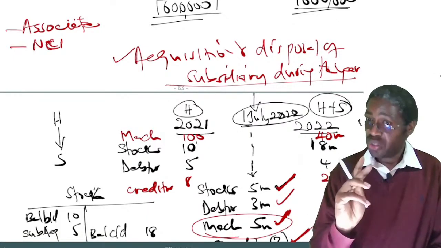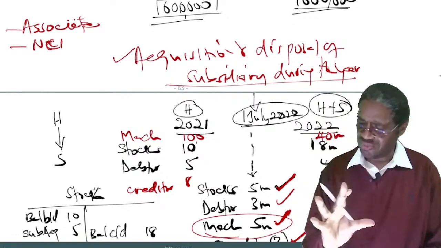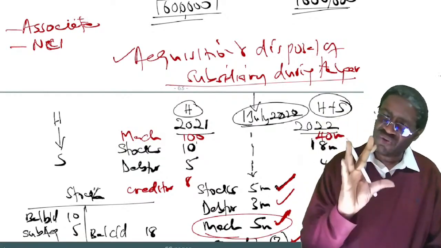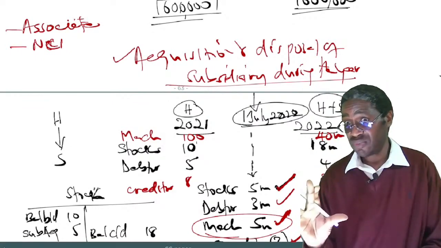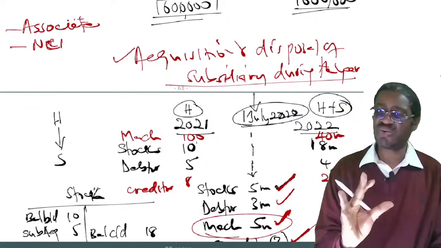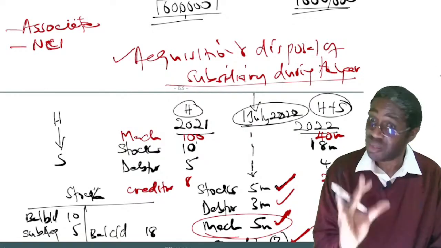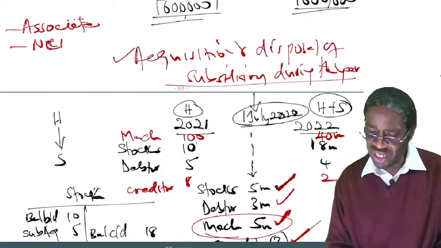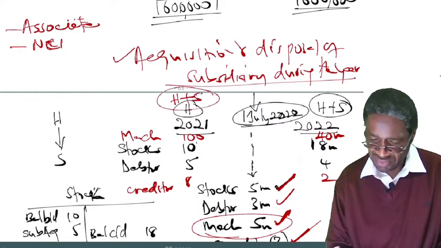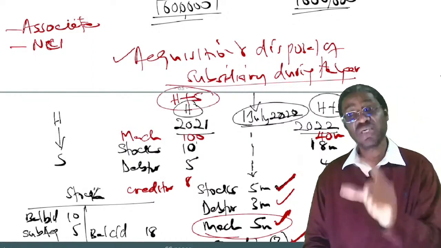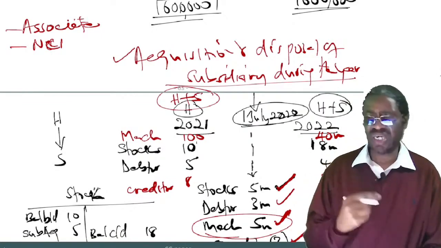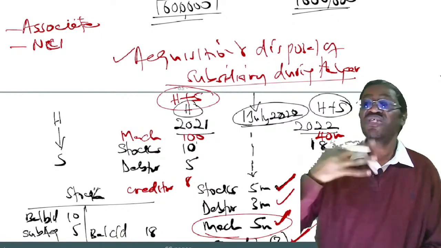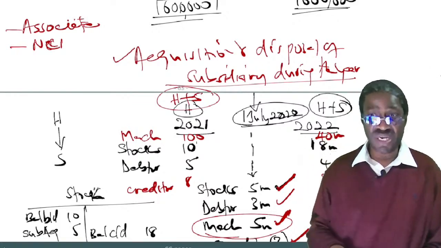I've told you, in any question on cash flow, the examiner will give you a balance sheet for last year and a balance sheet for this year. So last year, 2021, we still had that subsidiary. So the balance sheet I'll be given for last year will be for H and S. Then come 1st July this year, 2022, we disposed our subsidiary company.